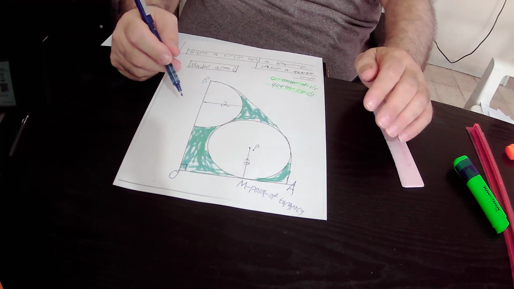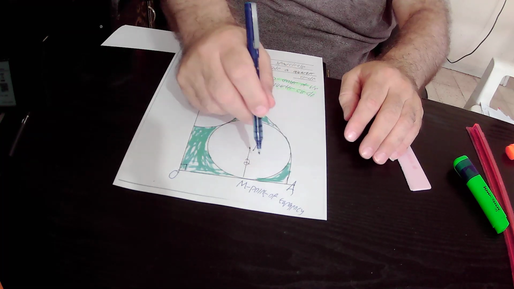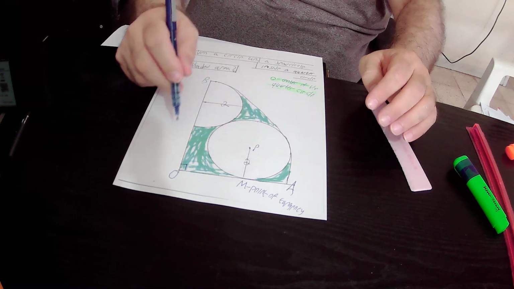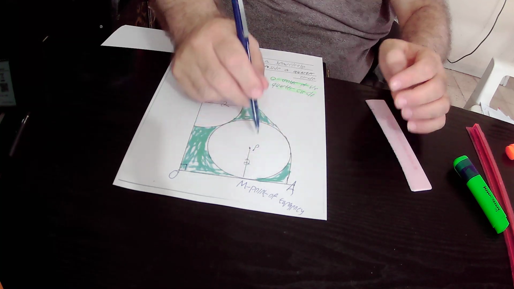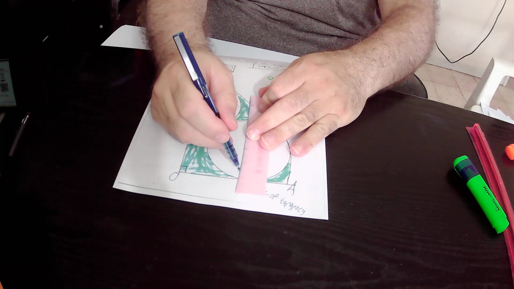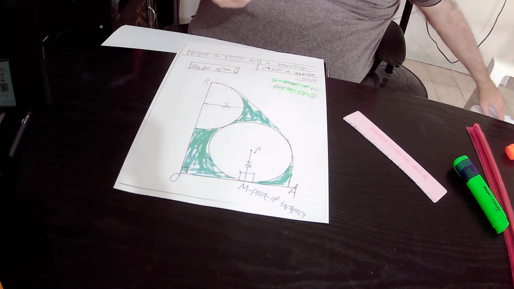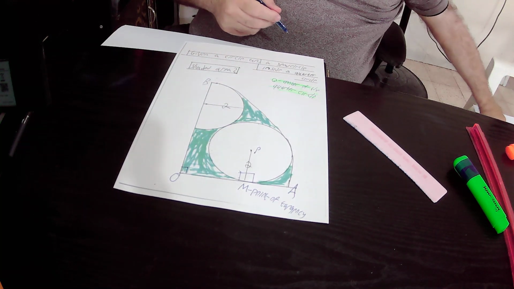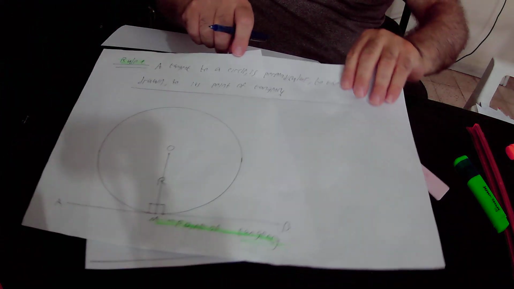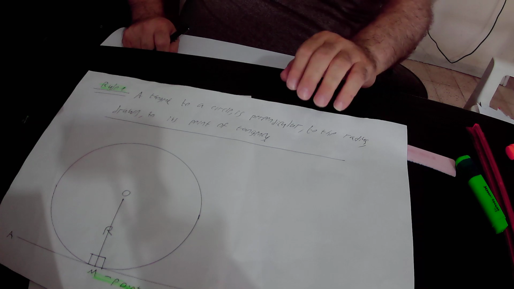And whenever you have a radius drawn to the point of tangency, then tangent OA will be perpendicular to the radius MP. So if OA is perpendicular to MP, it means that this angle equals 90 degrees, and this angle also equals 90 degrees according to rule number 1, which states that a tangent to a circle is perpendicular to the radius drawn to its point of tangency.